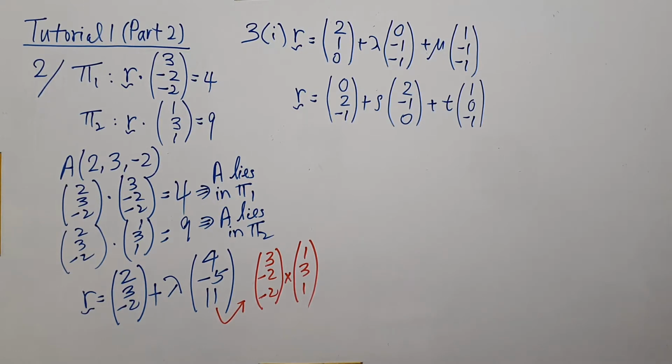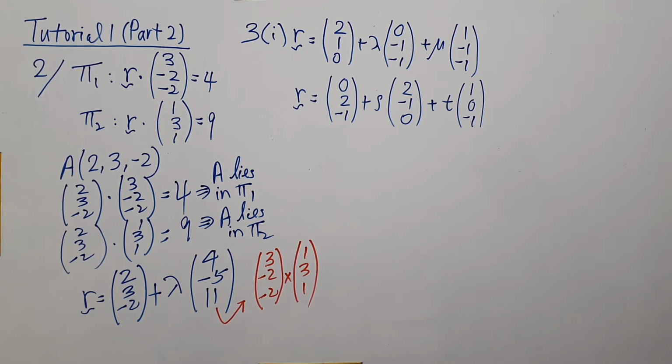However, you can choose not to do this, which I'm going to do in this question. I intend to just use whatever is given to me, these equations, and use them to solve for the line of intersection between the two planes. Just like solving for any kind of intersection, the basic idea is to solve them simultaneously.